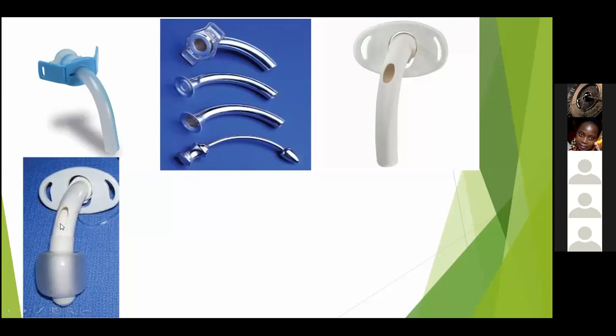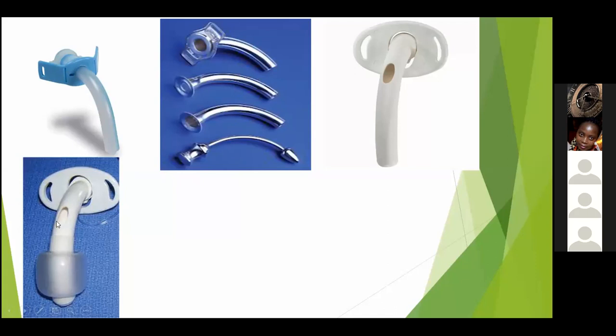For this first tube that has no fenestration, the only way they can make sound is, let me use this tube, they apply their thumb here so that they close it off, and the air goes around the tube and up the trachea to the larynx. And that's how they can phonate.